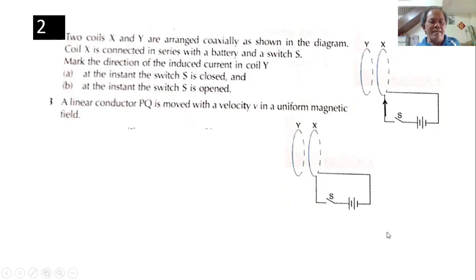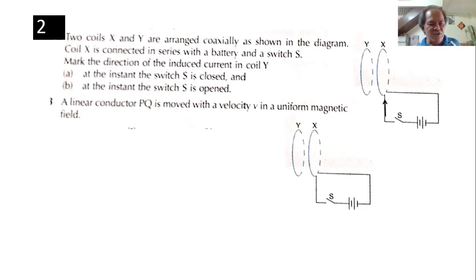So what should it be in Y? Oh, anti-clockwise. You look at it from the right or from the left? Look from the right.